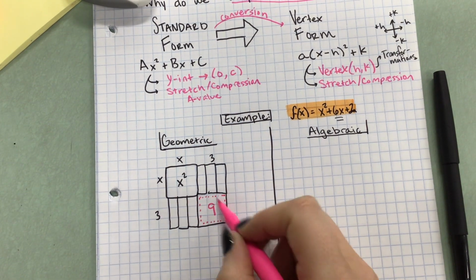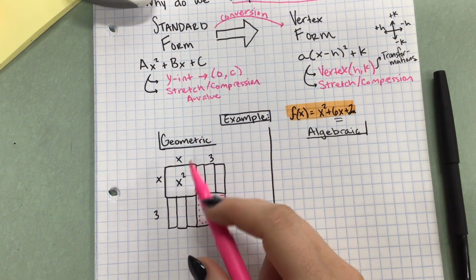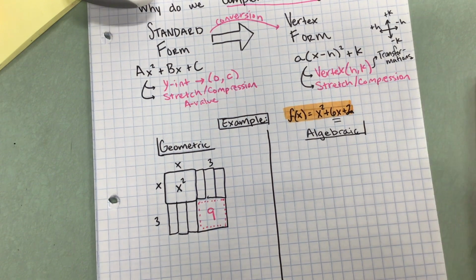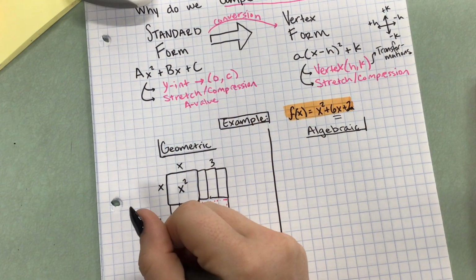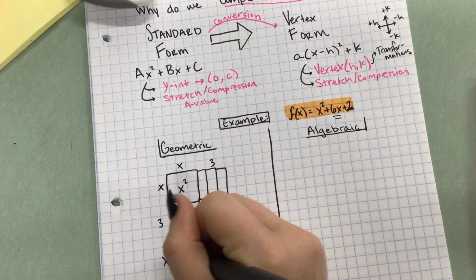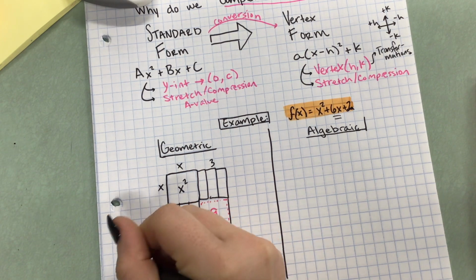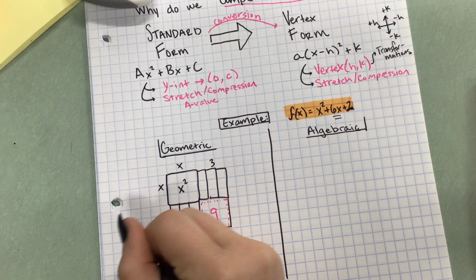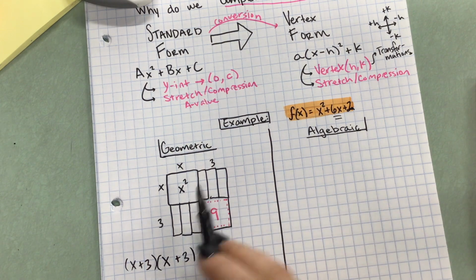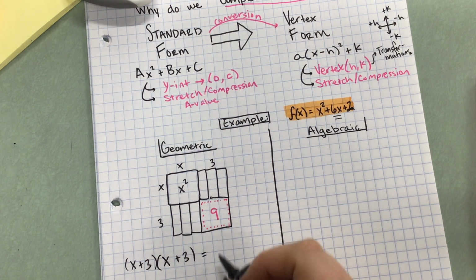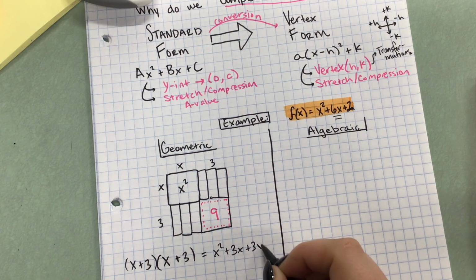So I know that I need 9 pieces to complete this square, so I can say that this box is x plus 3 times x plus 3, which technically gives me x squared plus 3x plus 3x plus 9.